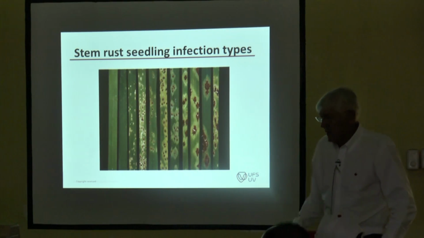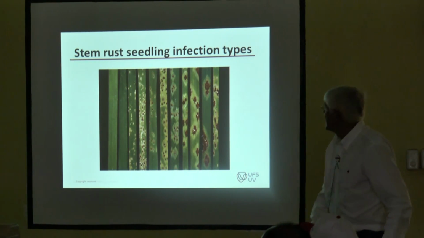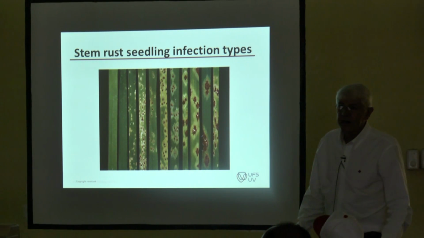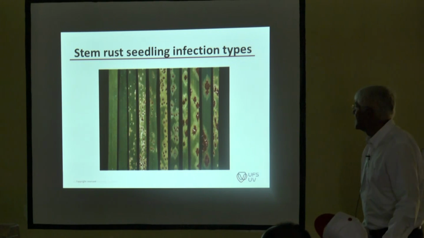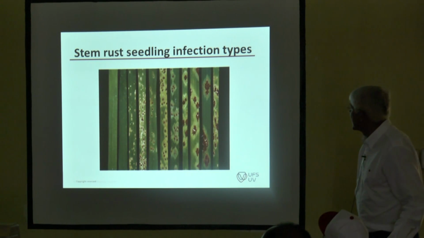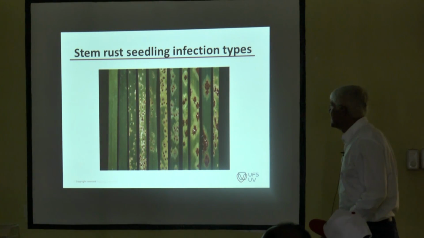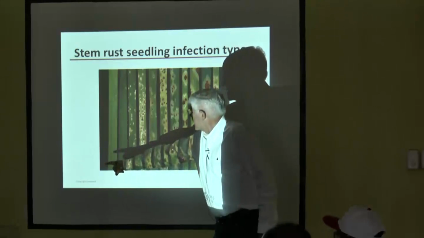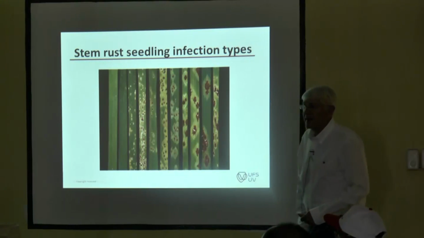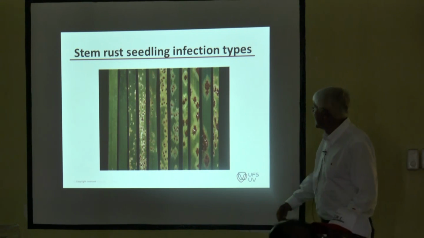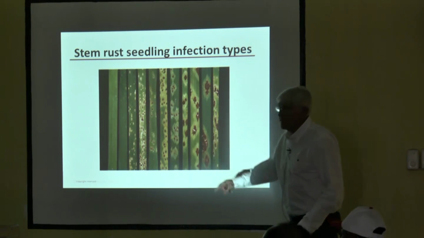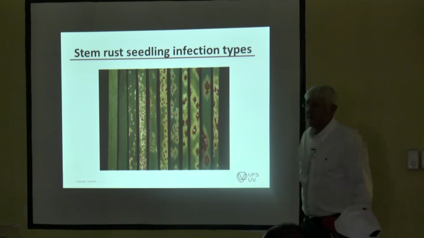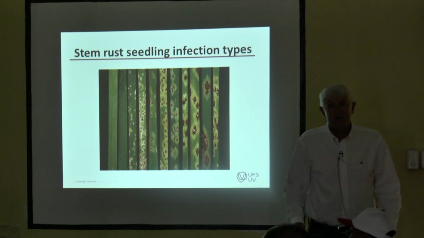So to start off with the stem rust examples, and there are many pictures in the literature, on the internet, and in different presentations. This is one from my experience, and you can see it moves from a 0 or a 0 fleck, an almost immune phenotype, to the 4, the very large diamond-shaped pustules on the right, and on the far right we have the mixed infection type.